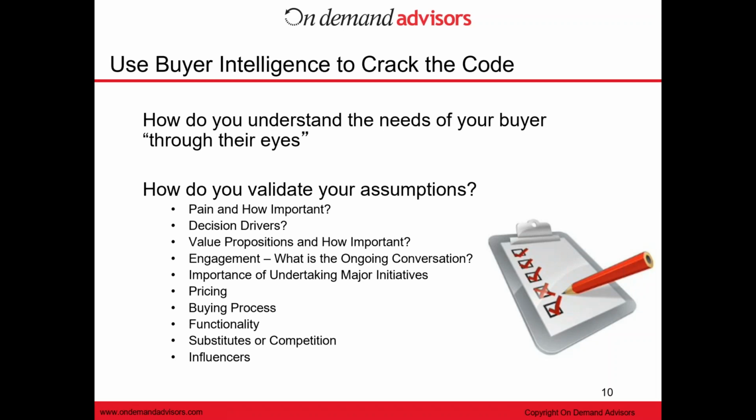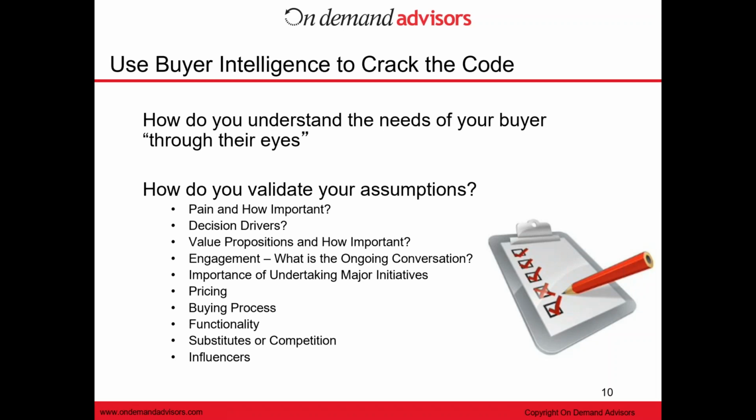We're going to ask questions on engagement and what the ongoing conversation we should have with the audience is. As we think about the storytelling, the narrative that you're presenting out there to elicit responses, we need to understand from their standpoint the different ways in which they want to engage.